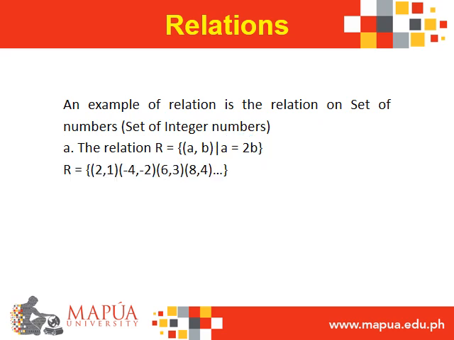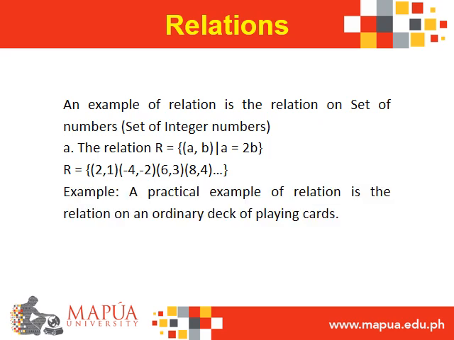Therefore, the corresponding relation would contain the following ordered pairs: (2, 1), (-4, -2), (6, 3), (8, 4), and so on.